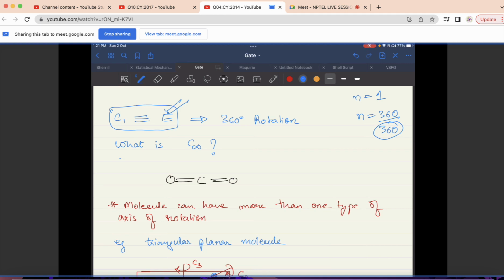Okay. Also, you can ask what is C infinite. So if you are asking me about C infinite, there should be something making n is equal to infinity.